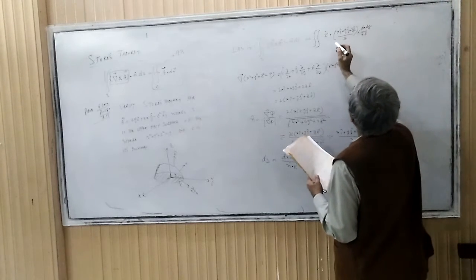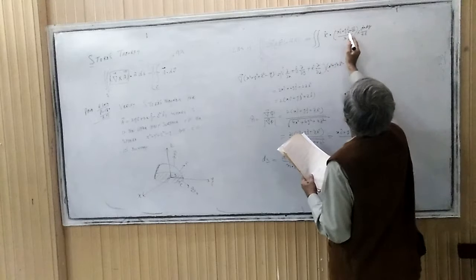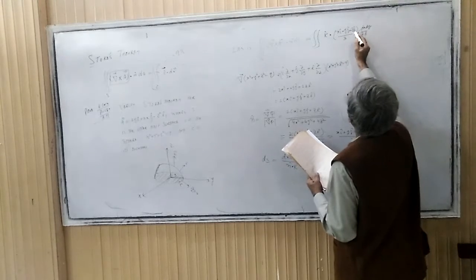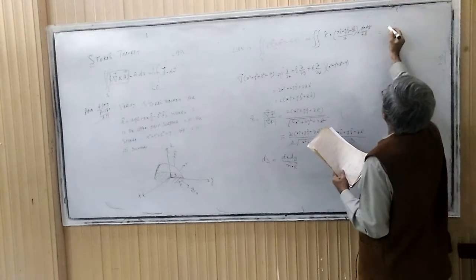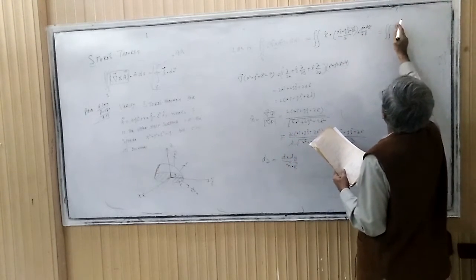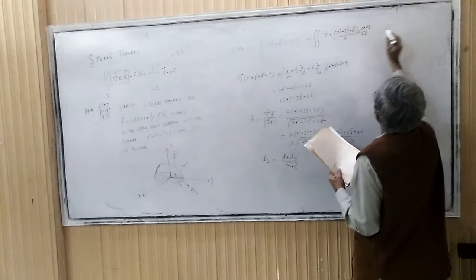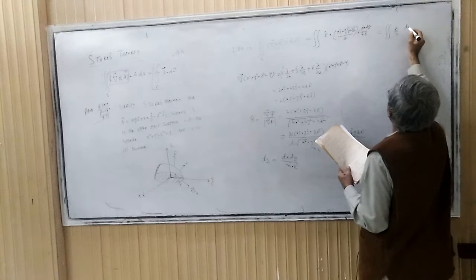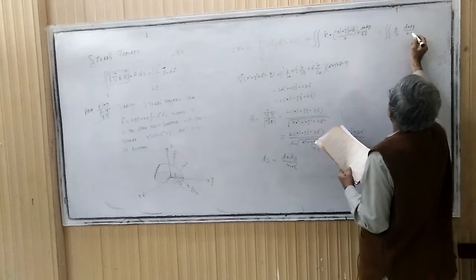Look, k dot i is 0, k dot j is 0, k dot k is 1, so this will be equal to z over 3 dx dy over n dot k.